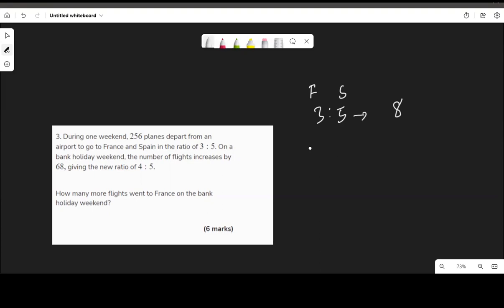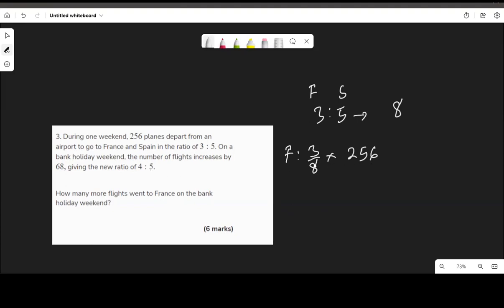So we need to know the number of planes that go to France and the number that go to Spain based on this ratio. So for France, that will be 3 over 8 multiplied by the number of planes, which is 256. And since the question borders on France, I will not bother to calculate the number that went to Spain.